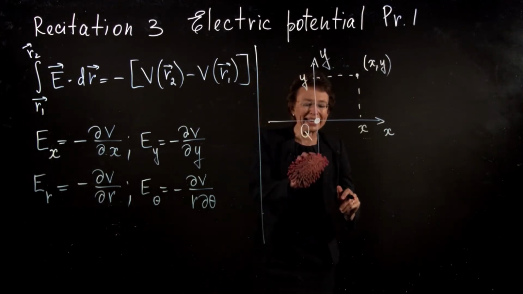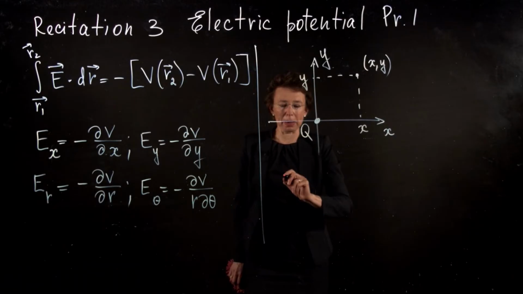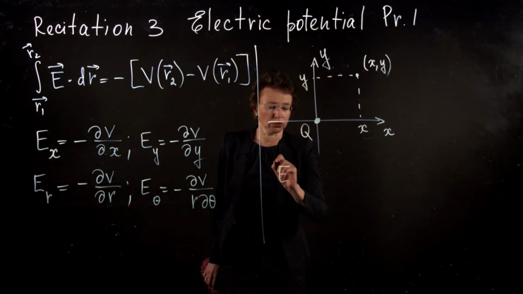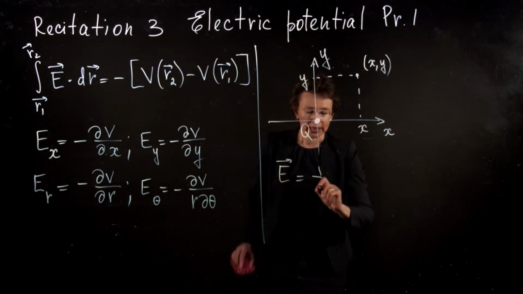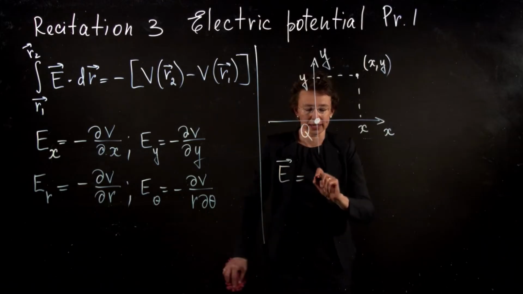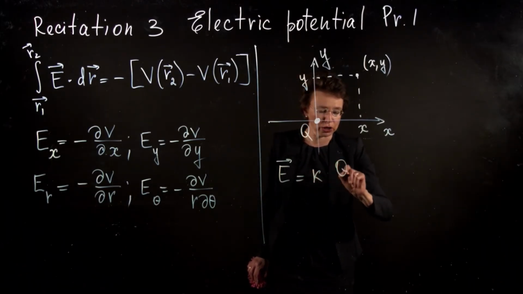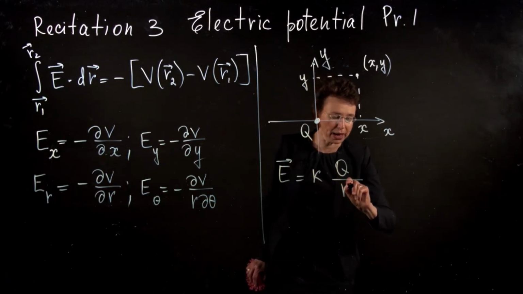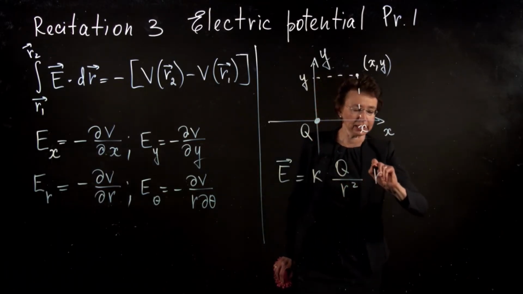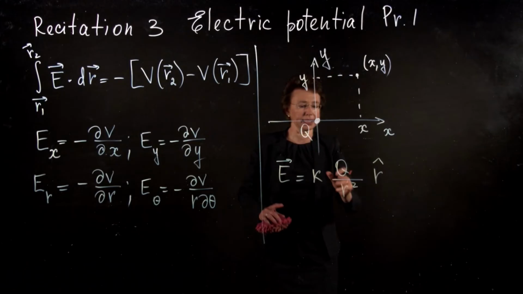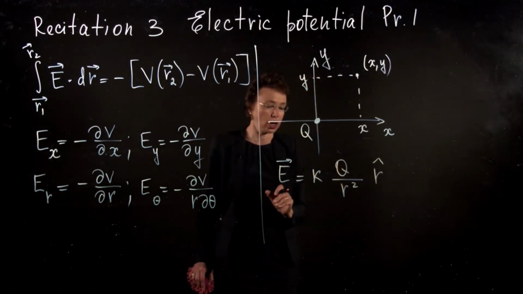We know the electric field created by a point charge. What is the electric field created by a point charge? It is the coefficient K, 1 over 4 pi epsilon naught, and then I have the point charge Q divided by R squared, and it is radially out or radially in depending on the sign of this charge.